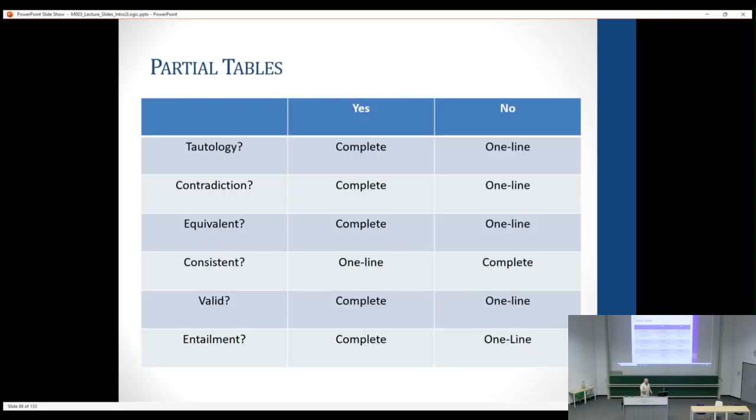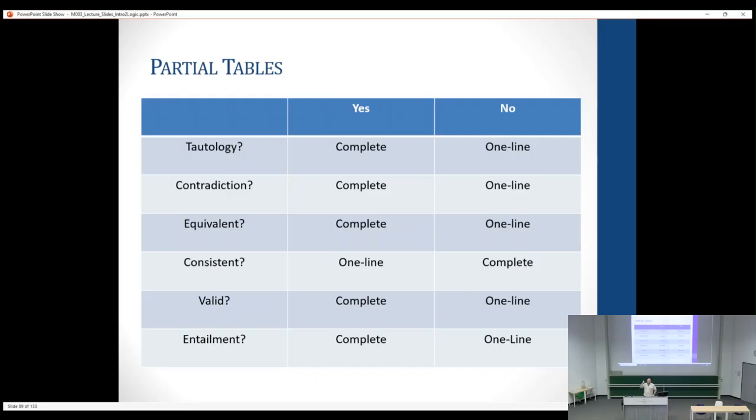So, here's something very cool. When we're thinking about testing for these semantic properties, you'll note that a lot of times we can get by with just one valuation. For example, if we want to show that a sentence is not a tautology, we only need one valuation.